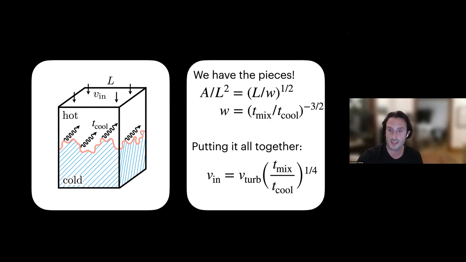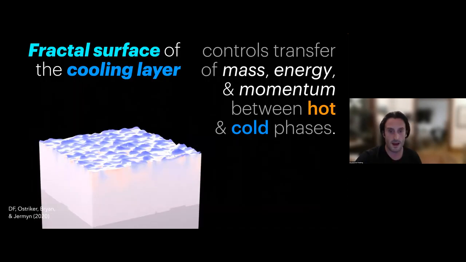And we can put this all together and we get this really nice, although somewhat counterintuitive expression for the inflow velocity. It's just the turbulent velocity times the ratio of the mixing time to the cooling time to the 1/4 power.